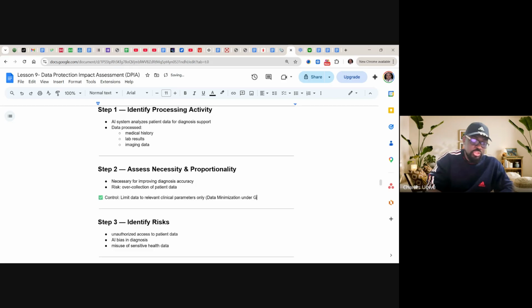Under GDPR, data minimization. If you look at the data principles under GDPR, you see minimization: collect as minimal as possible. Make sure you do not collect anything extra.